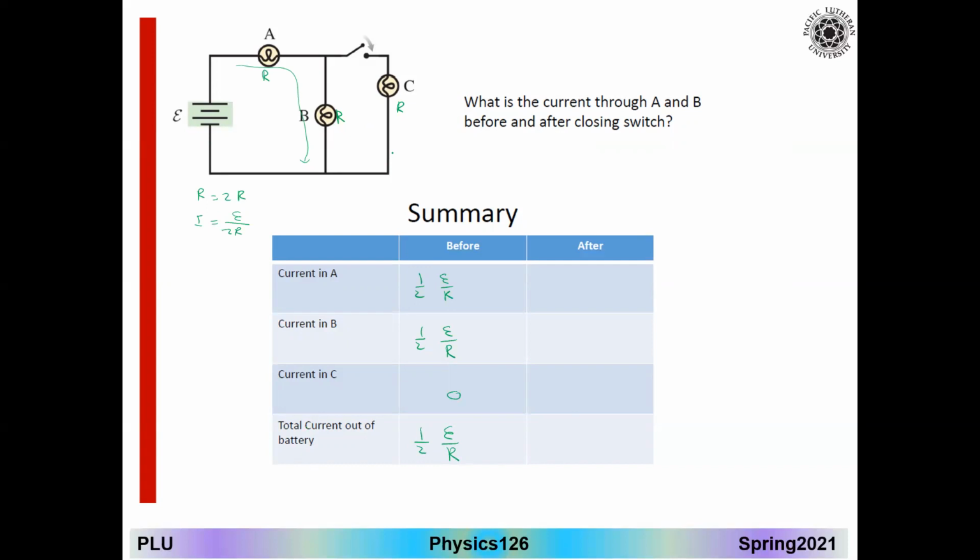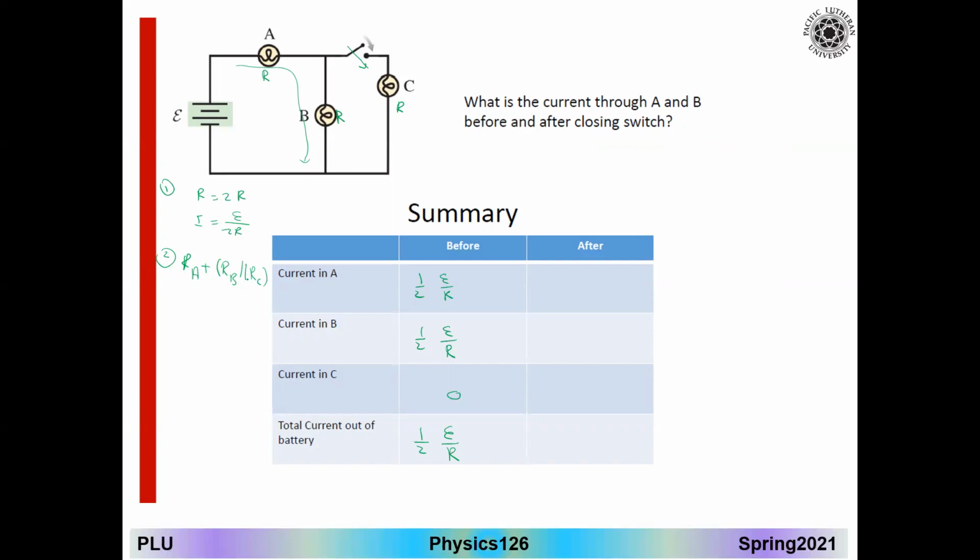Let's see the second case, where we close the switch. If you look, this is the first case. The second case, when I connect it, basically RA is in series with RB, and RB is in parallel with RC.